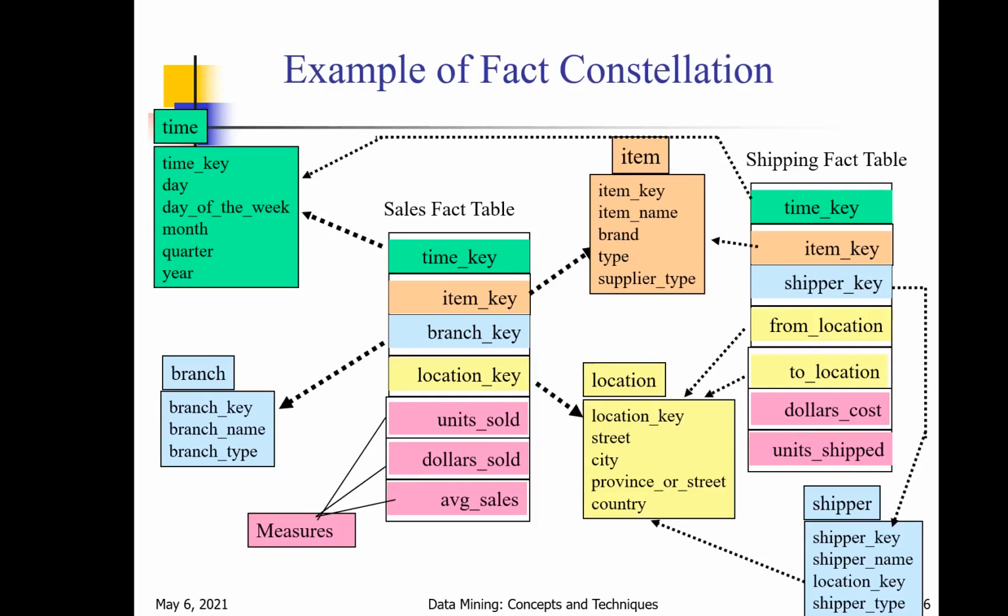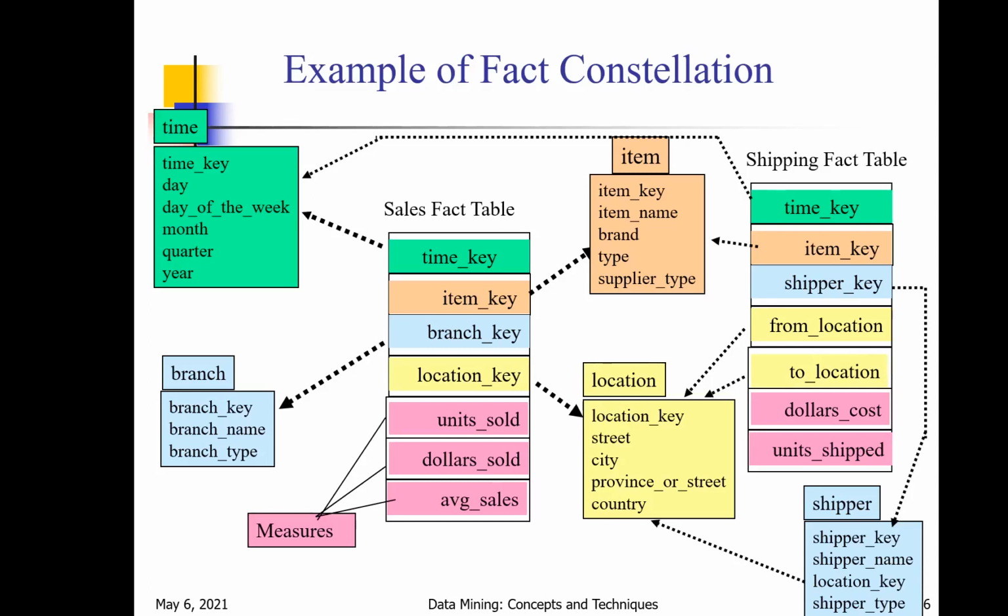As in the previous schemas, here also there are primary keys for each and every dimension table, and those primary keys act as foreign keys in the sales fact table. The measures are the same as before: units sold, dollars sold, average sales. So this is the sales fact table. We already saw it in the previous schemas, but here, in the fact constellation schema, we have two or more fact tables.